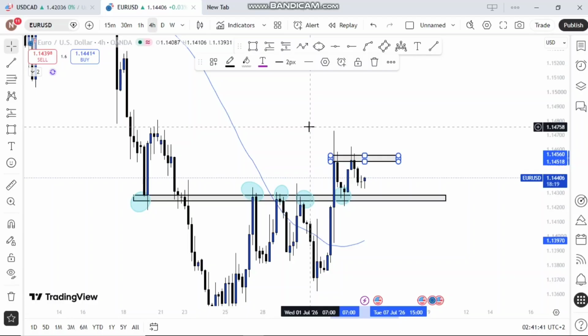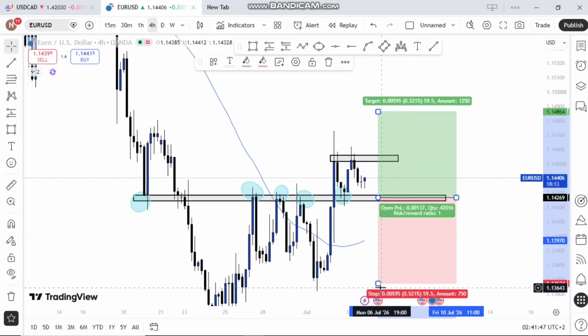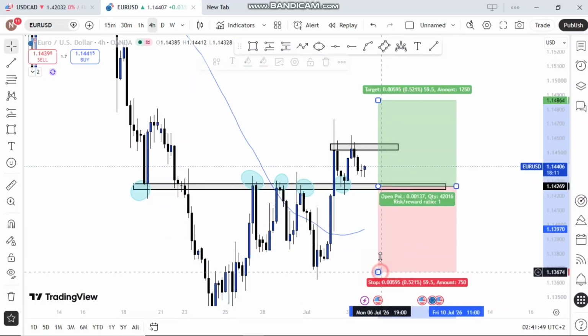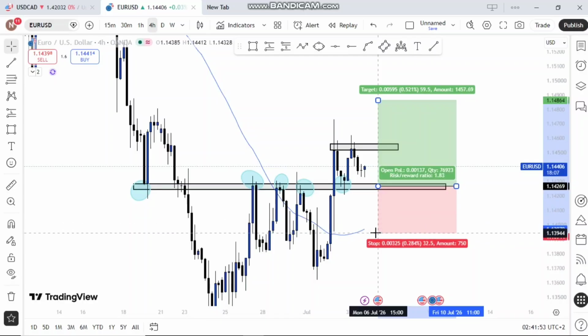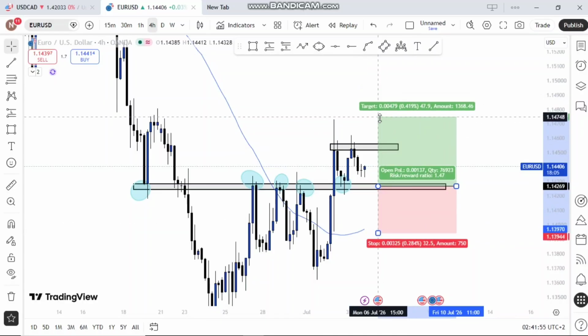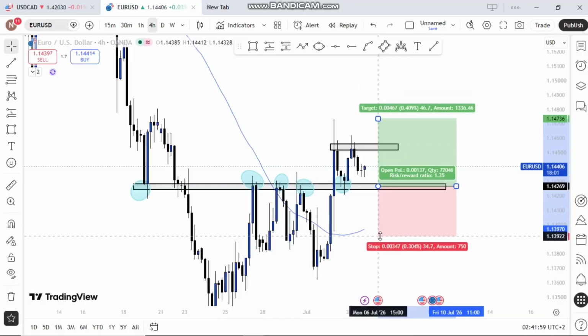Then after EURUSD's retest, please do not hesitate. As soon as it reaches here, make sure that your 1:3 ratio is perfect, guys. It's perfect. Your 1:3.